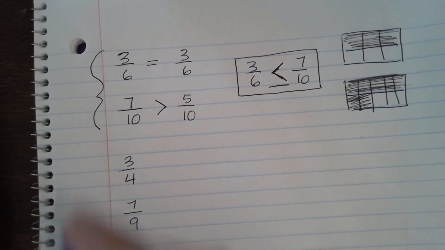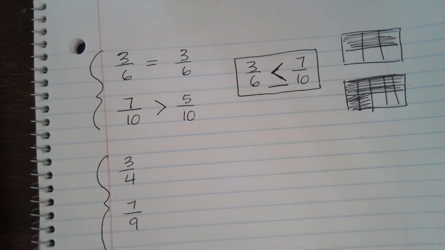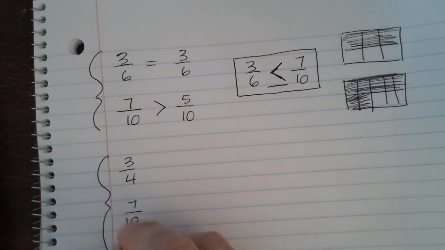All right. So go ahead if you haven't already, and let's write down this last one that we want to compare, because we still need to do some contrasting. So go ahead and write down next to each of these fractions. You know what? Let's do 7/10 again.